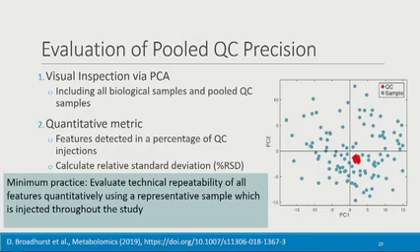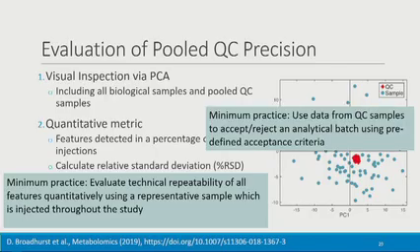The minimum practice is to evaluate the technical repeatability of all features quantitatively using a representative sample which is injected through all the study. Also, minimum practice, use the data from the QC samples to accept or reject an analytical batch using predefined accepted criteria.